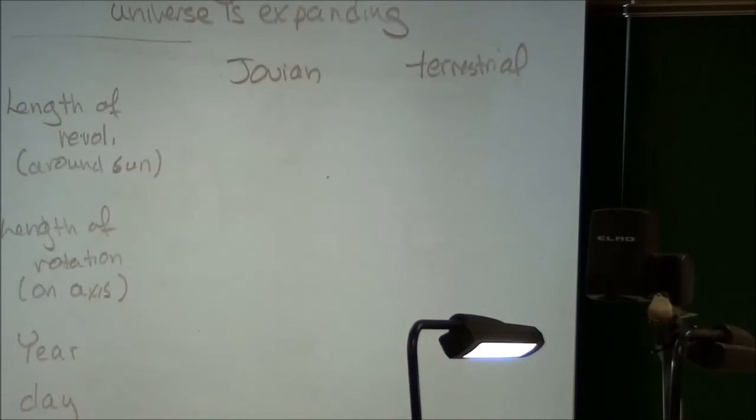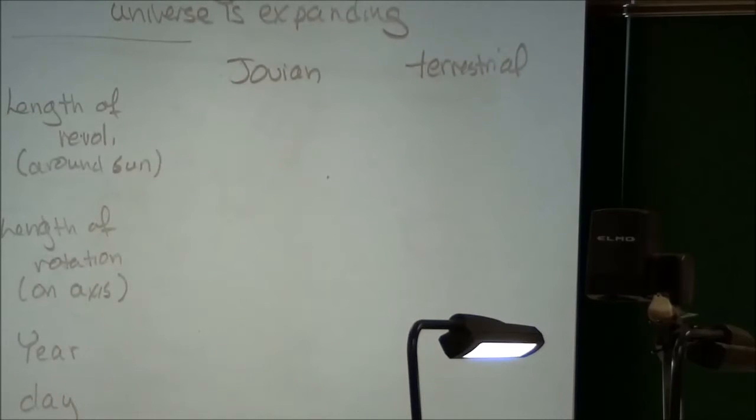What about the terrestrial? Mercury, Venus, Earth, and Mars. Excellent. Those are the little rocky planets. So terrestrial planets are more dense, they're smaller. Jovian planets are larger, but they're less dense. Jovian, just because they're so huge, are also more massive.